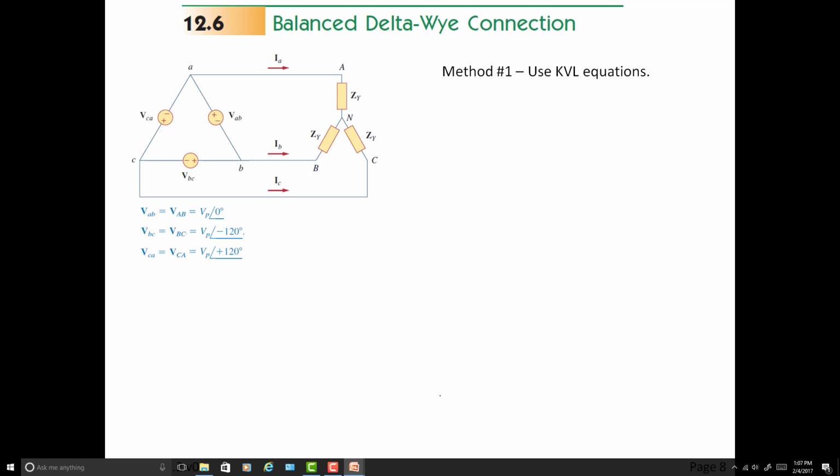And the first method would be to use the Kirchhoff's voltage loop law equations, do a loop. And we'll do one representative loop. Okay? And we can write the equation around this loop. It is a VAB, right, minus IA times Z delta, or ZY.